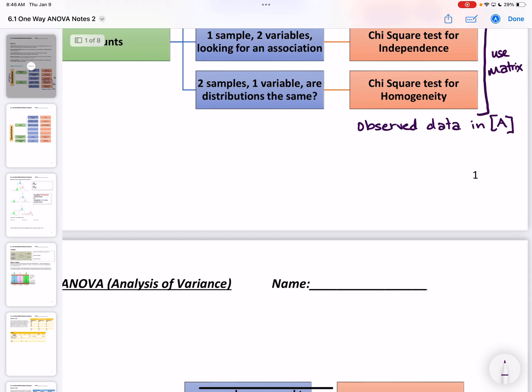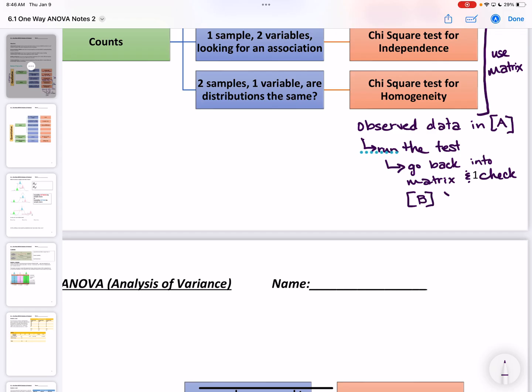That symbol is just a square bracket, which means matrix A, okay? And then you run the test, and then go back into your matrix and check matrix B. Each cell in matrix B has to be greater than or equal to... do you remember what your expected counts had to be?